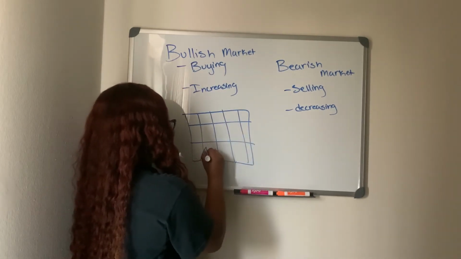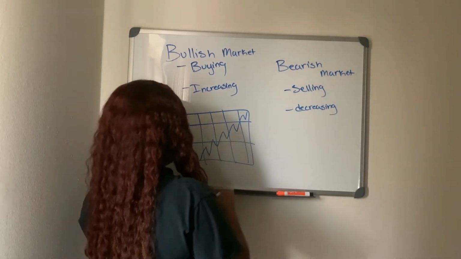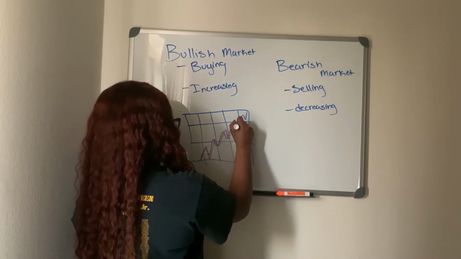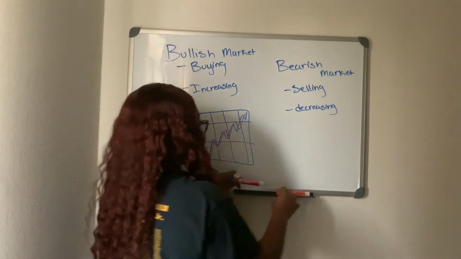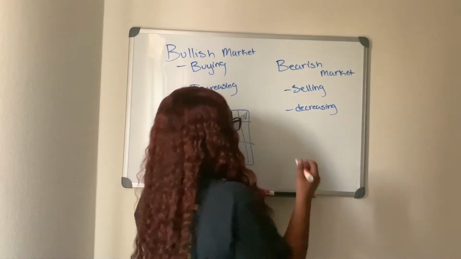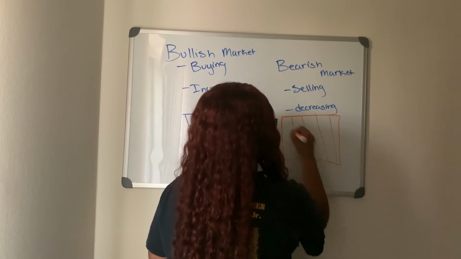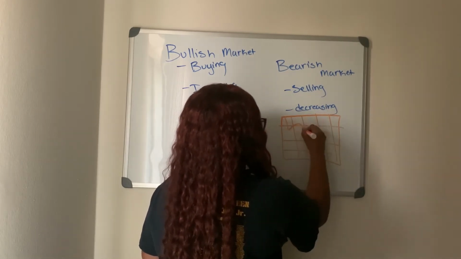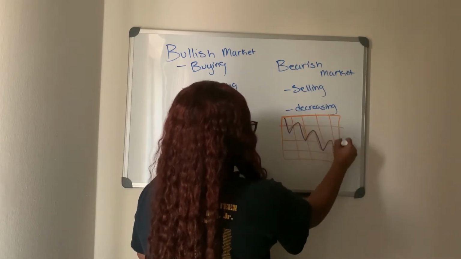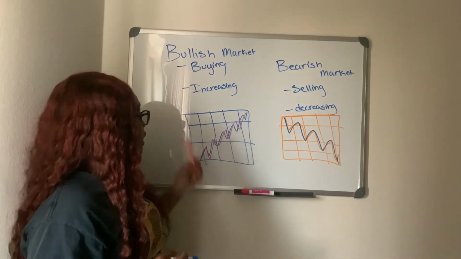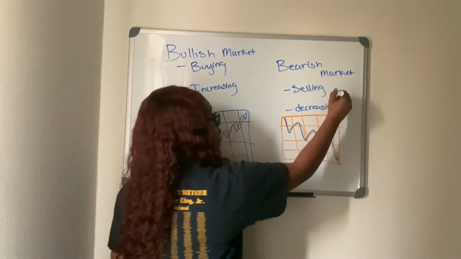So if you hear somebody say the market is bullish, that's what a bullish market looks like, going up, right? So if you hear somebody say the market is bearish, then the market is decreasing. Bullish is buying, increasing, boom, so it's going up. Bearish is selling and it's decreasing, going down.